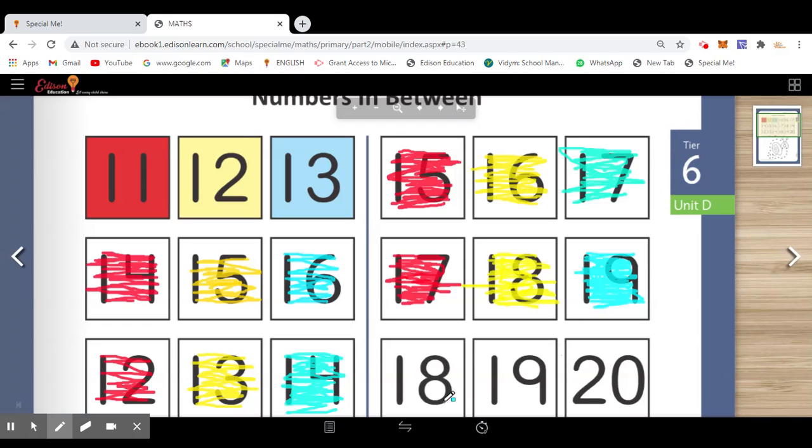Next, this is number 18. 18, 19 and 20. So which number comes in between? Number 19. 19 comes in between. So here we will fill yellow color.